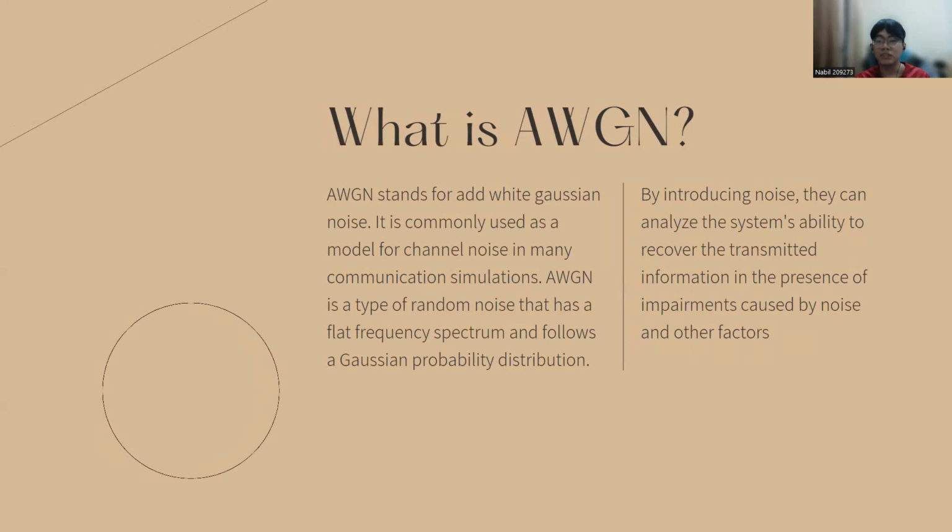By introducing noise, they can analyze the system's ability to recover the transmitted information in the presence of impairment caused by noise and other factors. So what this means basically is that it makes your simulation practical instead of running in ideal situations.